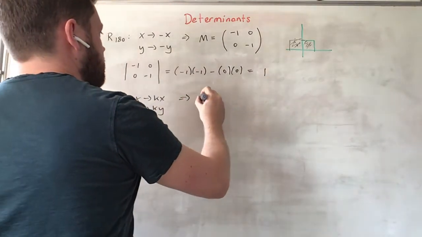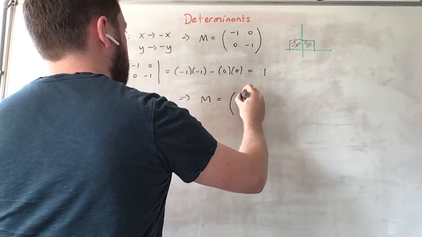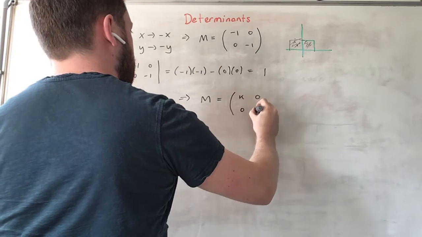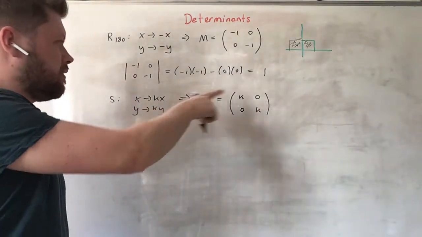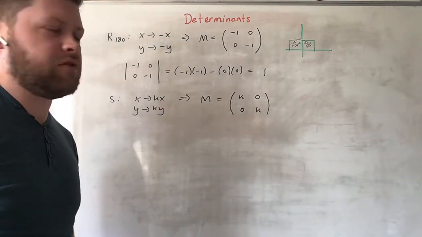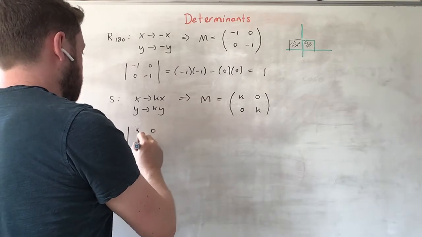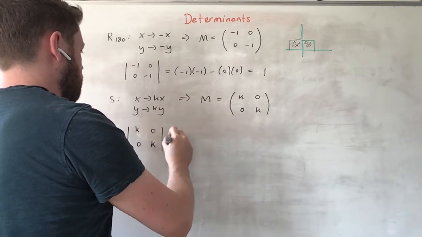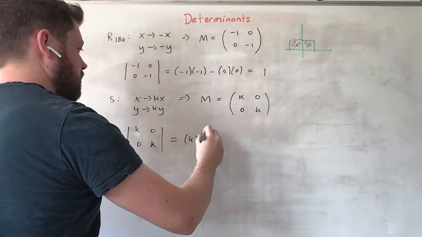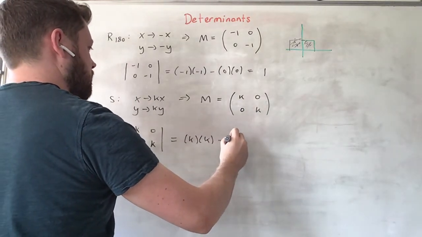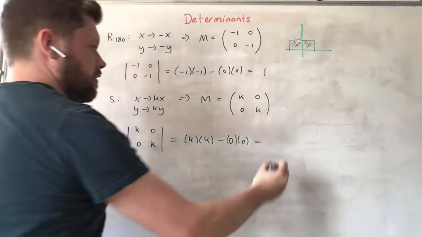The transformation matrix for this would be k, 0, 0, k, just taking the coefficients and putting them into the transformation matrix. Well, the determinant of this is a times d, k times k, minus 0 times 0, which is k squared.